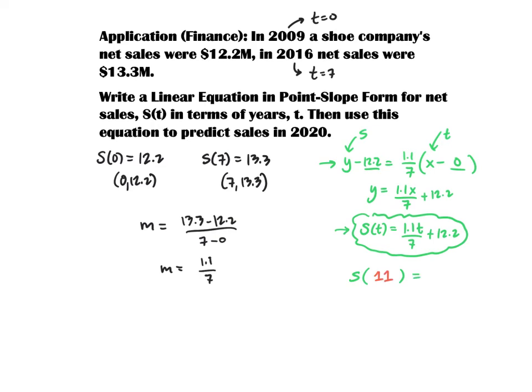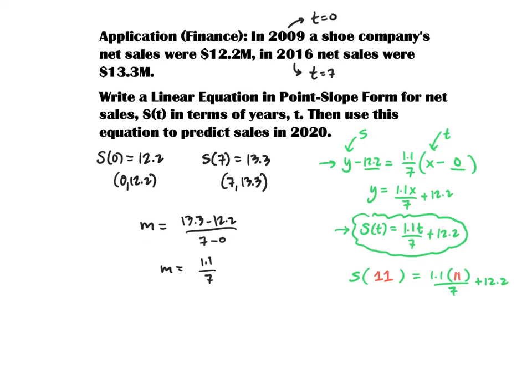So we're going to take 1.1, multiply it by 11, divide it by 7, and add it to 12.2. Okay, we're going to plug in an 11 right here. If you don't have a graphing calculator, you need to find a way to either get one from a friend or purchase one from one of the big box stores.